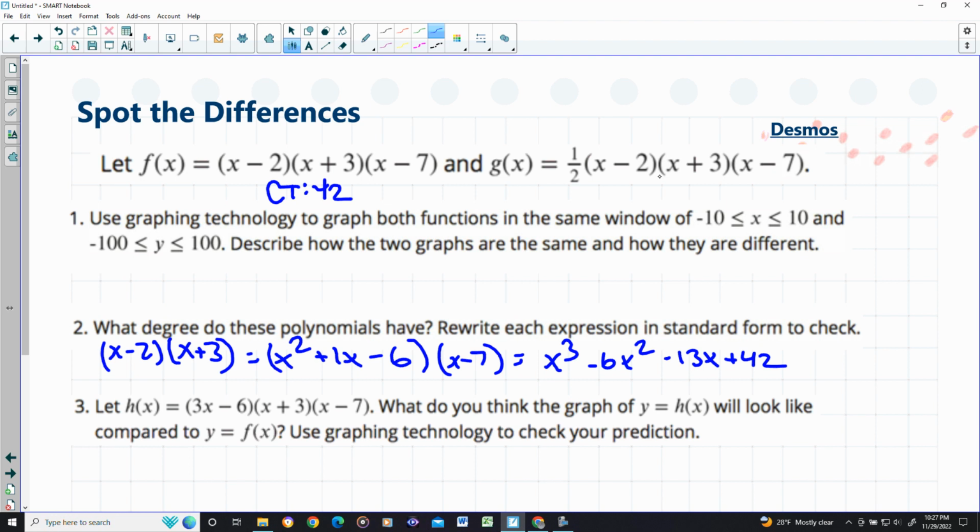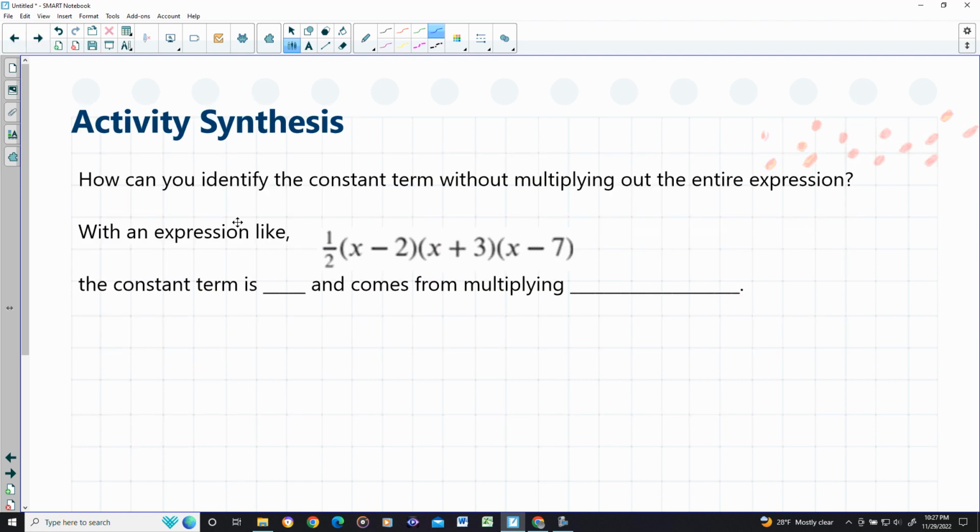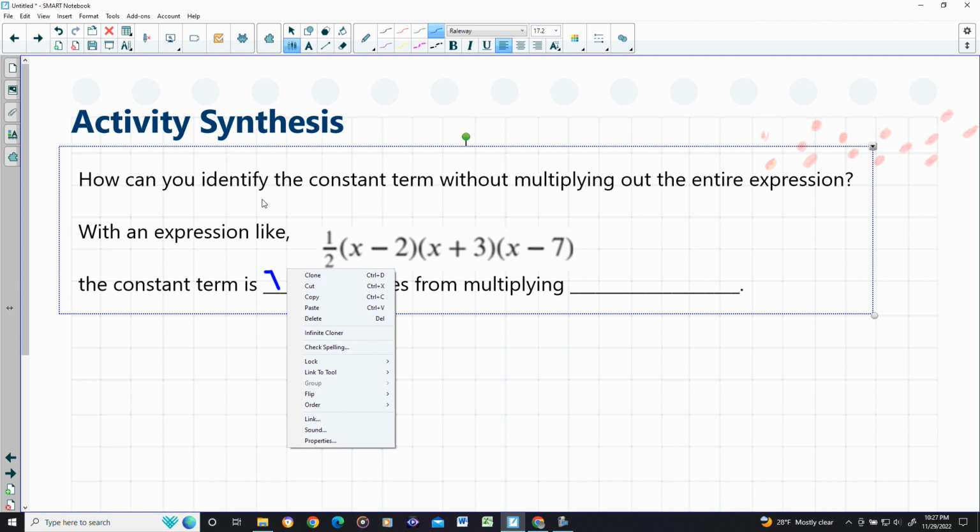Same thing over here. You multiply by the 1/2, you're going to get a constant term of 21 because you get the same 42, but you have to multiply by a half. So that looks like that's what's happening here. So the constant term, 21. Whoops. Hello. Marker's not acting right there.